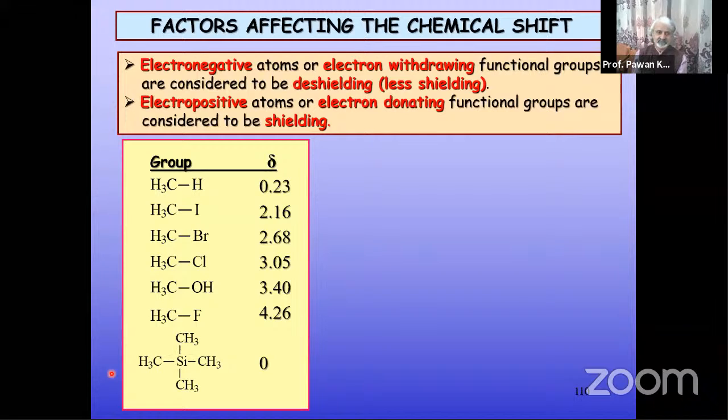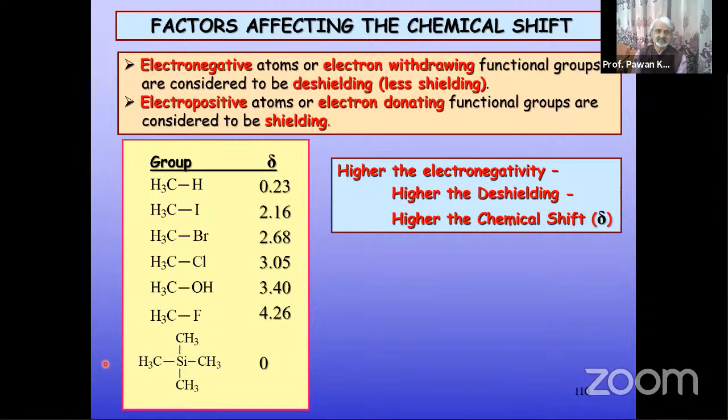Say, for example, if I look at the methyl protons, the CH3 hydrogens, and the signal for the CH3 hydrogens, we can see a clear trend on the basis that the higher the electronegativity, the higher the de-shielding. In fact, it is not higher de-shielding, it is lesser shielding, but the books write it, so I don't want to confuse you.